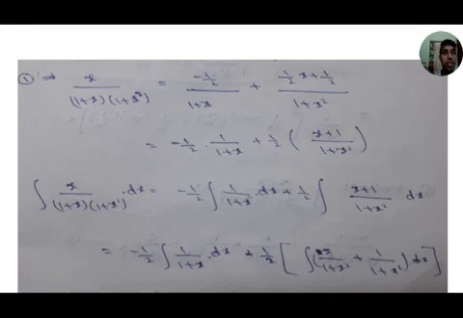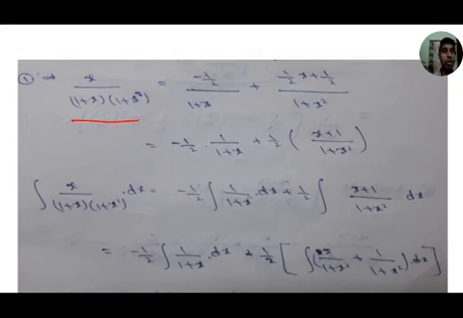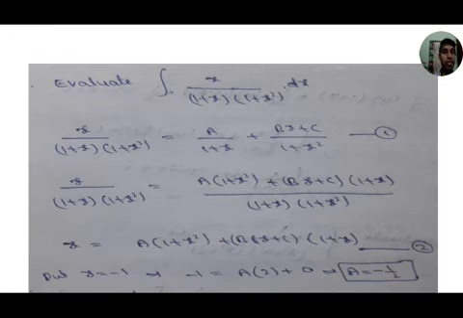So in the first equation we get x by (1 plus x)(1 plus x square) equal to, what is this, the first equation: a by 1 plus x plus (bx plus c) by (1 plus x) square.